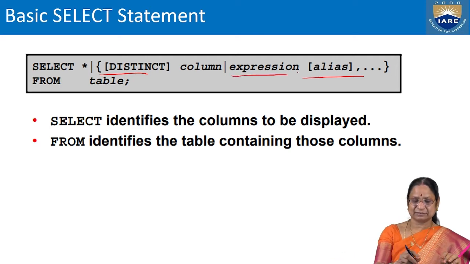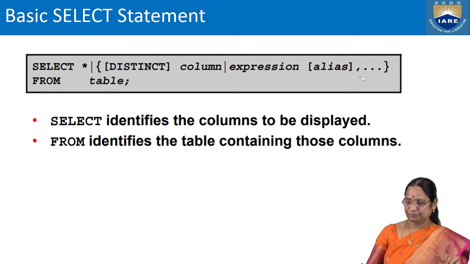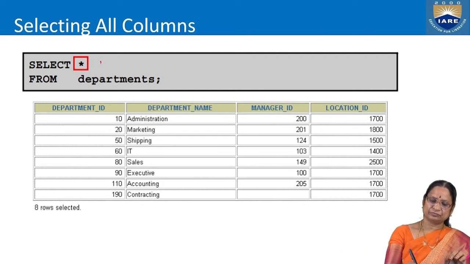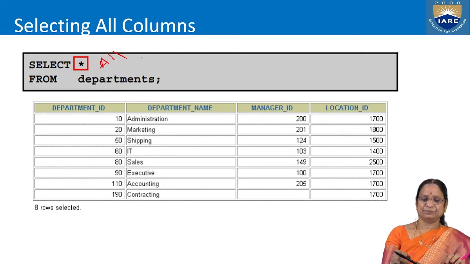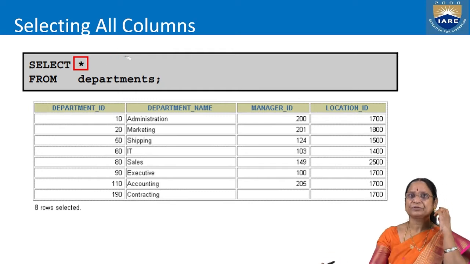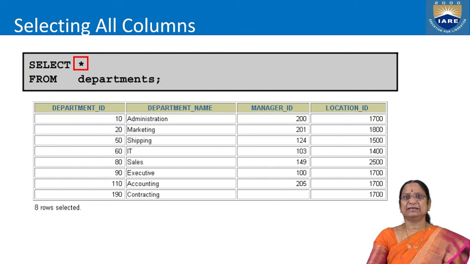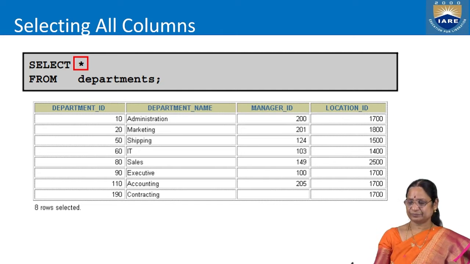What are these things? The basic thing, for example: I simply write SELECT star FROM departments. Star indicates all attributes. So all attributes must be displayed by us. So the entire departments table data will be displayed like this.